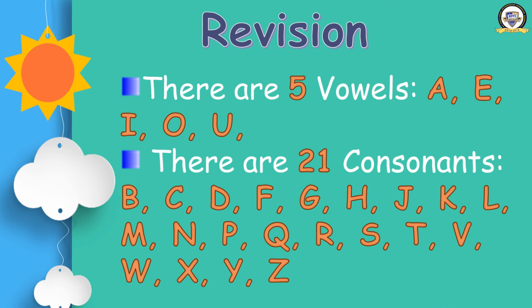But when we speak the consonants, our mouth will be slightly closed, like B, C, D, F, G. In this way, all the consonants have different sounds, and when we speak, we have to close our mouth. So we have completed the chapter.